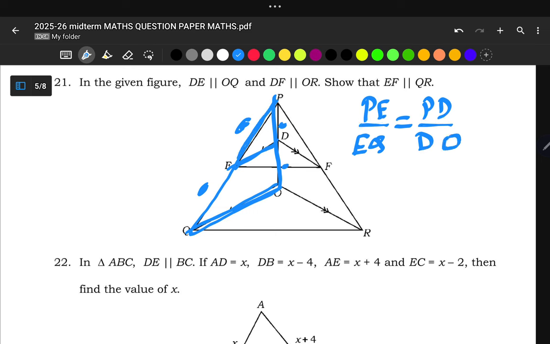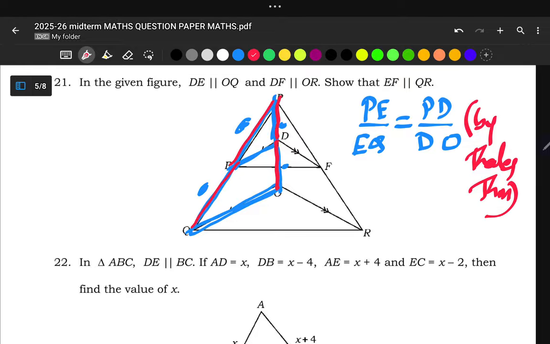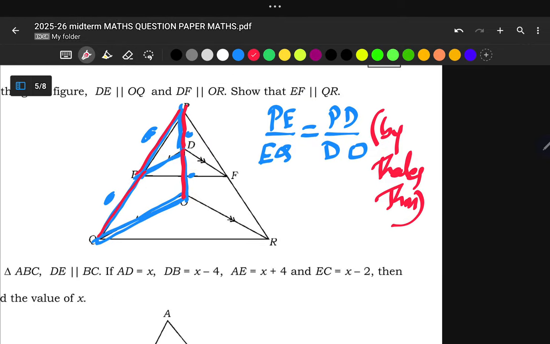This ratio and this ratio, so by Thales theorem.